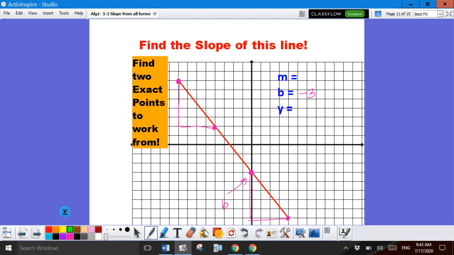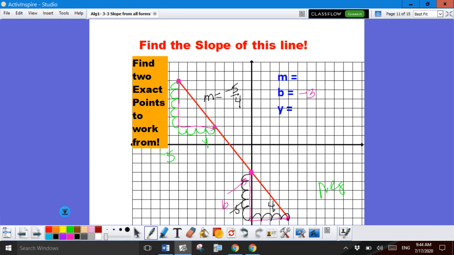Let's see what happens. Now, again, this one is negative, so I know I'm going down. 1, 2, 3, 4, 5. So negative 5. 1, 2, 3, 4, and over 4. So this one is telling me my slope is negative 5 over 4. 1, 2, 3, 4, 5, that is also negative 5. 1, 2, 3, 4.